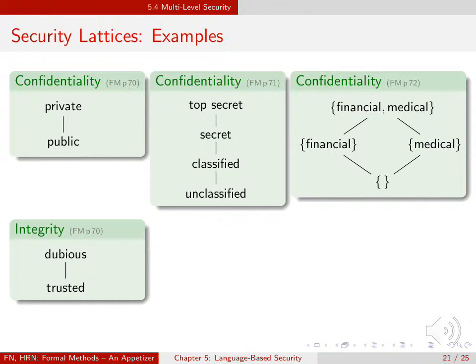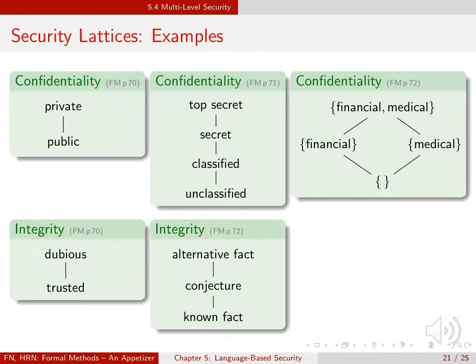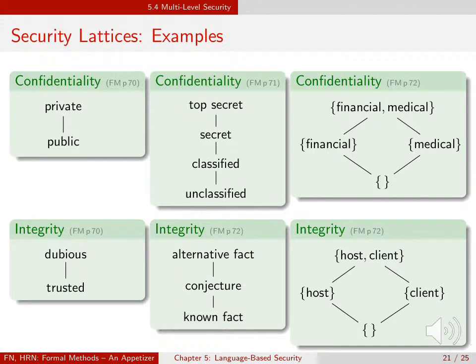Turning to integrity, a simple example shows that trusted data may end up in dubious data, but not the other way around. Or we may classify the trustworthiness of data from the known fact to alternative fact. Or we may classify the execution of code as to whether we need to trust the host or the client or both.